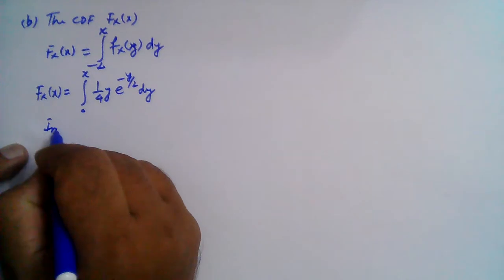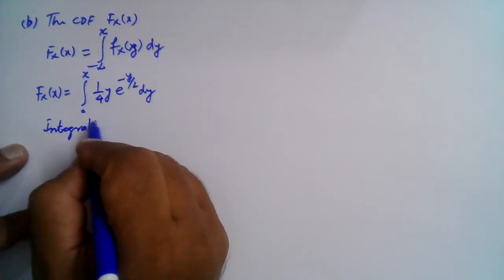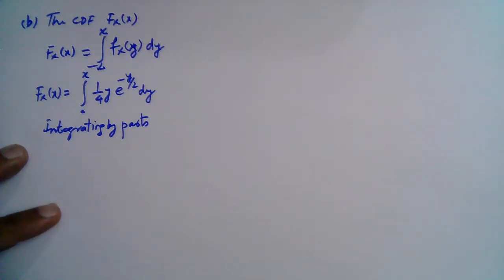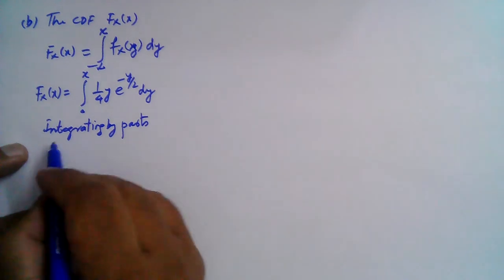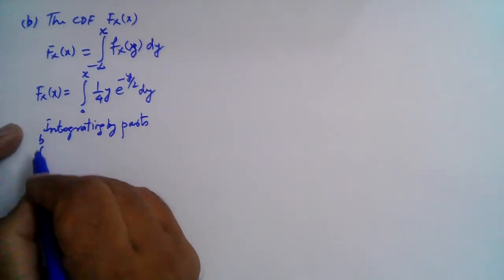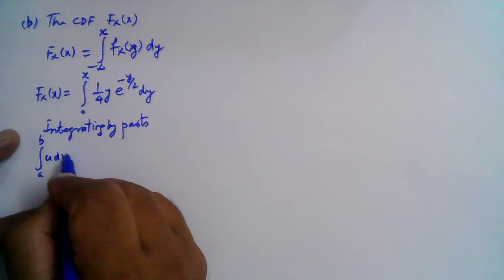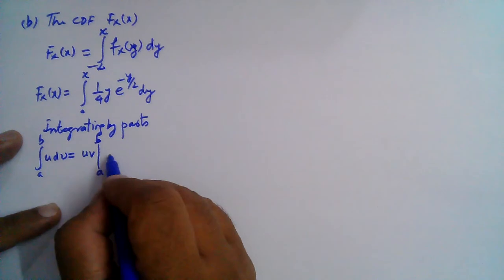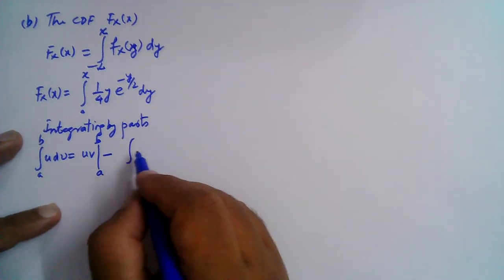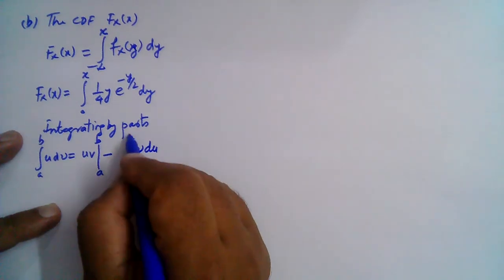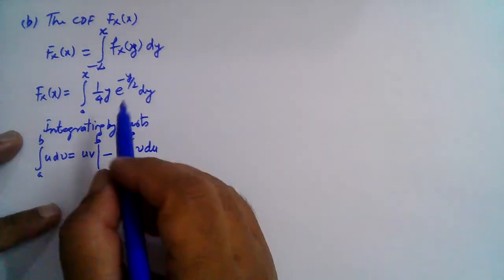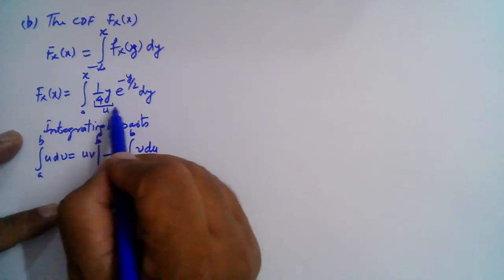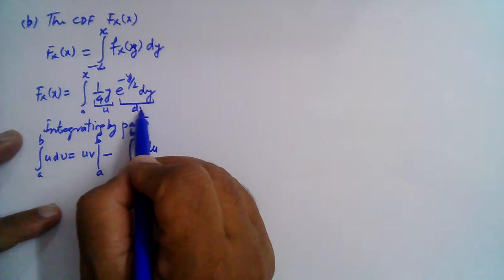So integrating by parts, we know that the integral from a to b of u dv is equal to uv with limits a to b minus the integral of v du with limits a to b. So here we can treat this as u, and this can be treated as dv.